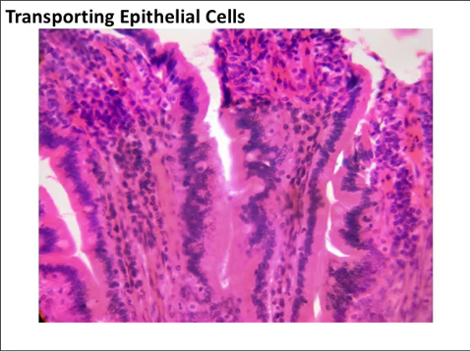Transporting epithelial cells selectively transport ions and nutrients from the external environment to the internal environment of the body. These cells are found in the kidney, where they are simple cuboidal, and in the intestine, where they're simple columnar. Transporting epithelial cells have a thick cell shape and act as a barrier to the external environment.